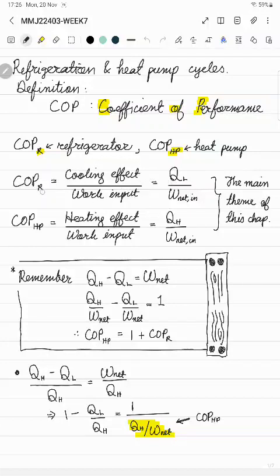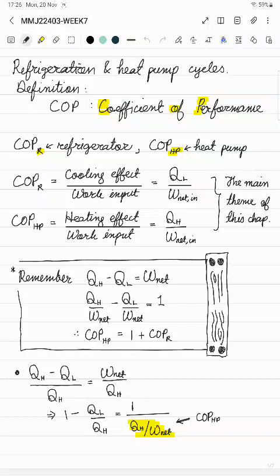And for the heat pump, which is basically a heating device, you have the heating effect divided by the work input. If you observe here, Q_L is on the lower end and Q_H is on the higher end. So one is for cooling and the other is for heating.